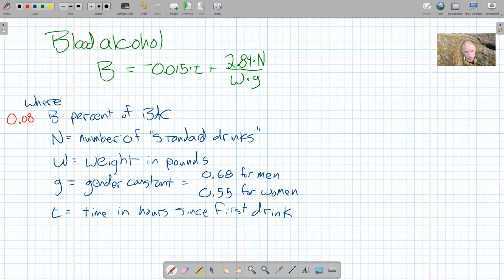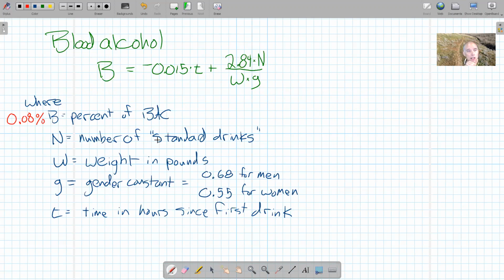Well, it's actually 0.08% of grams of alcohol in your blood to grams of total blood is what that is a percent of. So it's 0.08%, even though we often just say 0.08, it is a percentage. We just don't mention it when we speak it, which is kind of incorrect, but that's what we say.